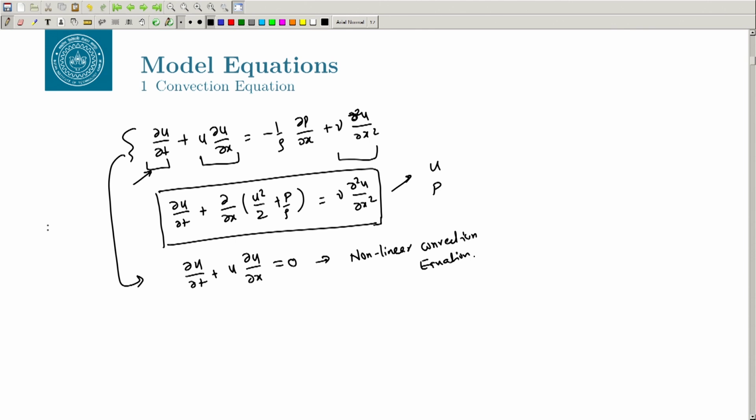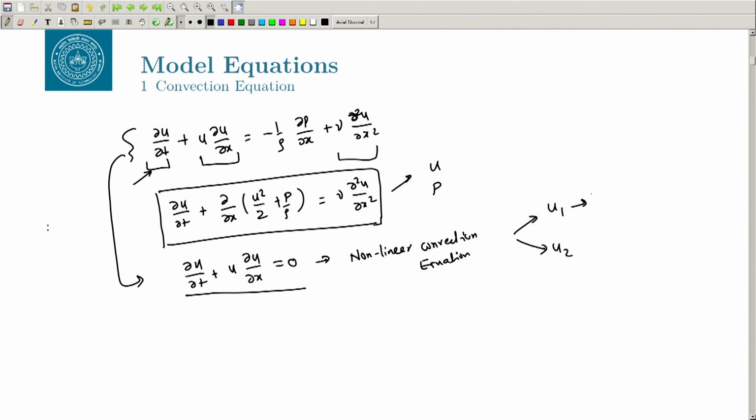We have discussed properties of the equation, but one very simple way to check whether the equation is linear or non-linear is this: let us say this equation has 2 solutions, one is u 1 and the other is u 2. They individually satisfy this equation, and if you add them up and the sum also satisfies this equation, then it is a linear equation.